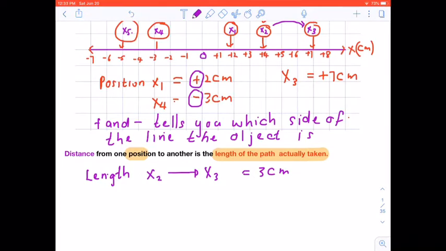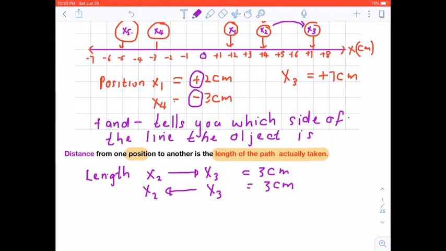And let's assume from x3 it decides to come back to x2, then what is its distance? Its distance would also be 3 centimeters. That is distance.